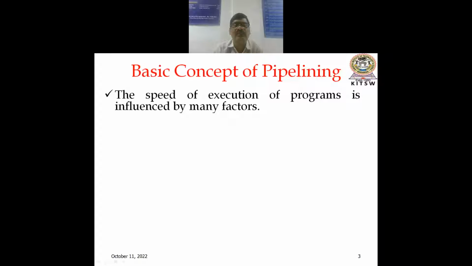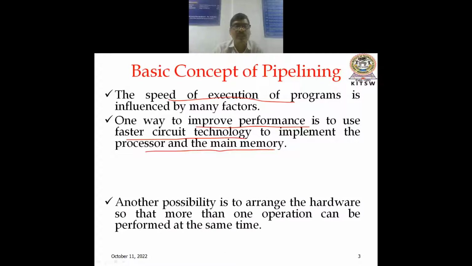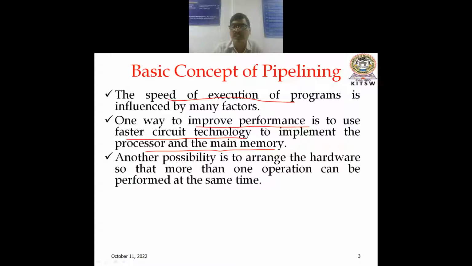Generally, the speed of execution of programs is influenced by many factors. So one way to improve the performance is to use faster circuit technology to implement the processor as well as the main memory. And another possibility is to arrange the hardware in such a way that more than one operation can be performed or executed at the same time.